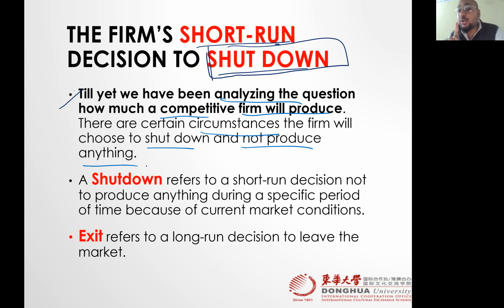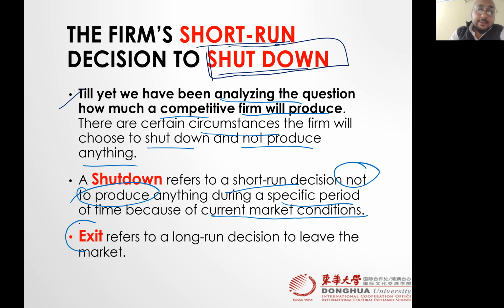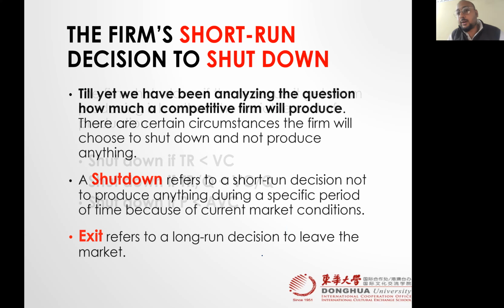Remember, shutdown is a short-run decision, a short-run option for a firm not to produce anything during a specified period of time because of market conditions. Whereas exit is a long-run decision, a long-run option for a firm to permanently leave the market.